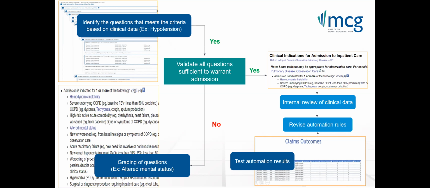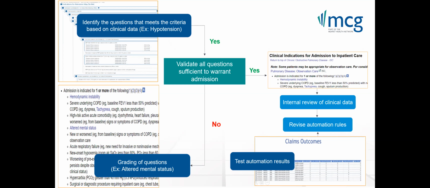Then we go from there and we take a look all the way down the path. We see the crosswalk between, from a payer perspective, our payers agreeing with us that this collection of clinical data is in fact sufficient to satisfy the criteria. And then we go back and we look and we see when there's a difference, when a provider thinks that somebody meets and we don't, we would call that a false negative in our analysis.